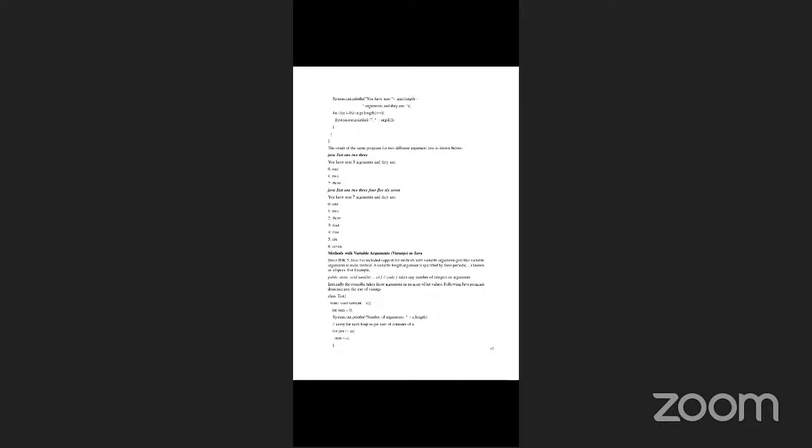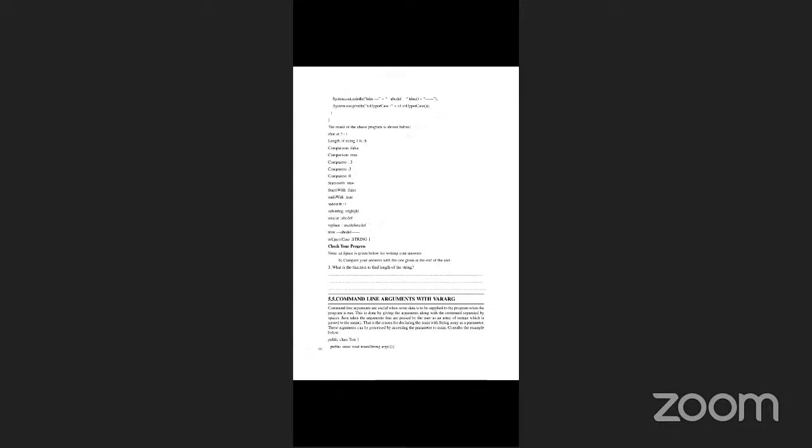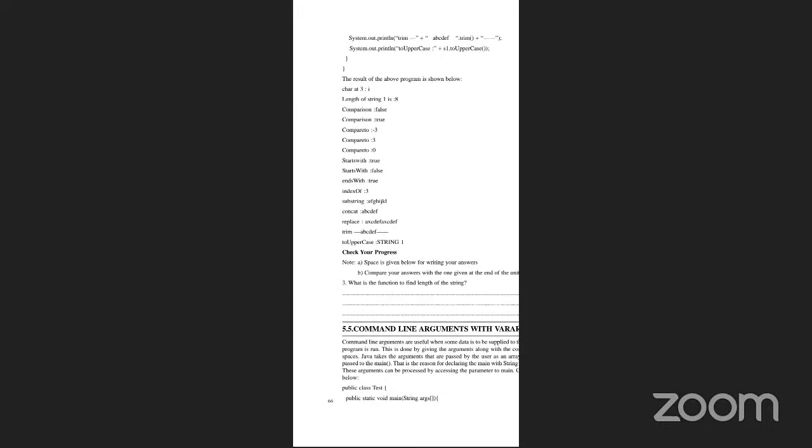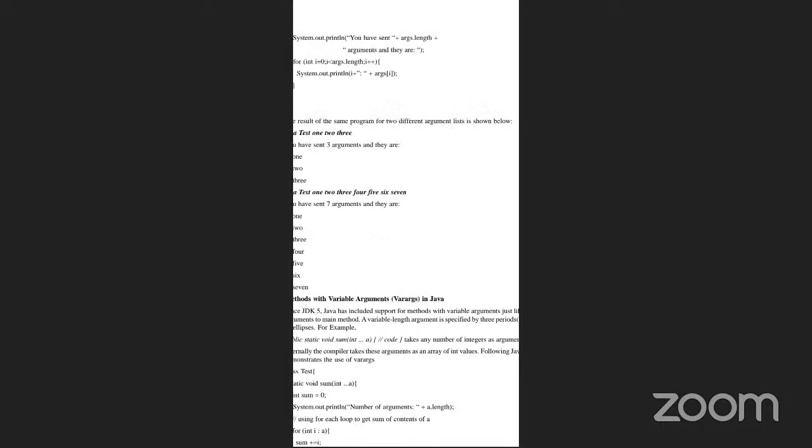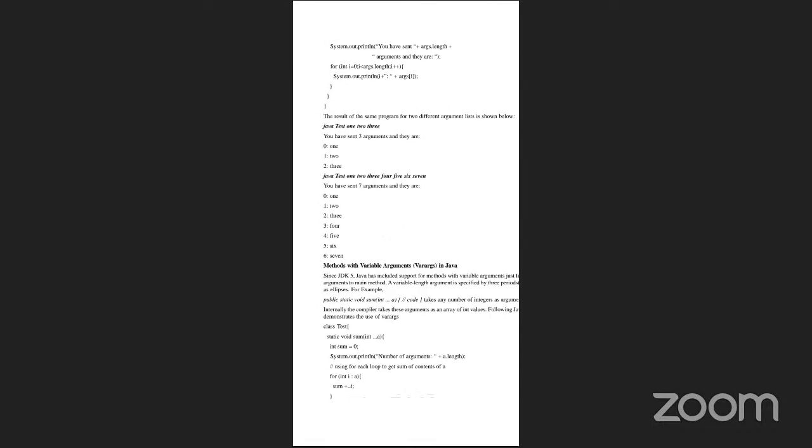Right? So here, please look at this main method. Under the class test, we have taken a main method with the string args. Then System.out.println prints the argument length. What are the arguments you have?